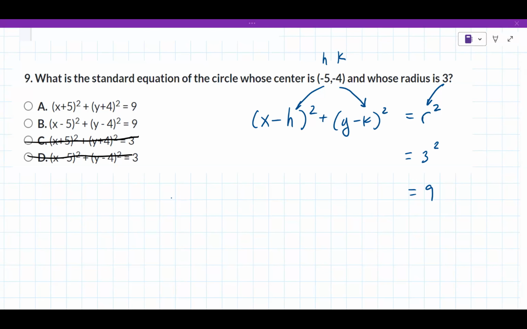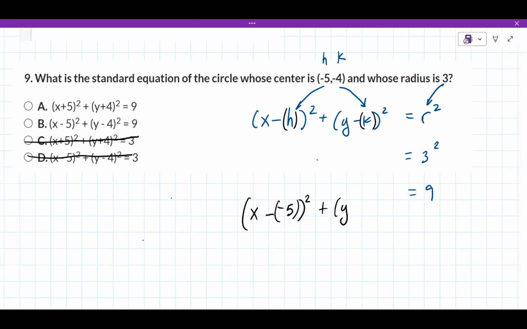I guess it isn't that because when I graph it, everything's positive. So you have to remember to substitute in the number. So it's x minus a -5.